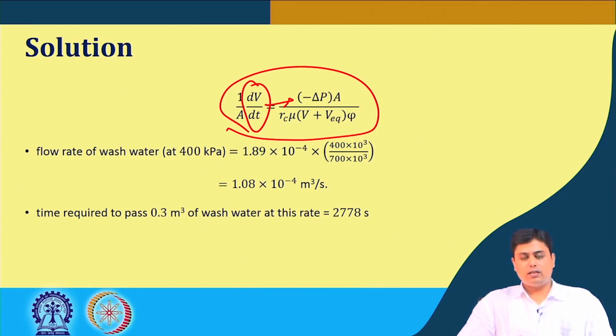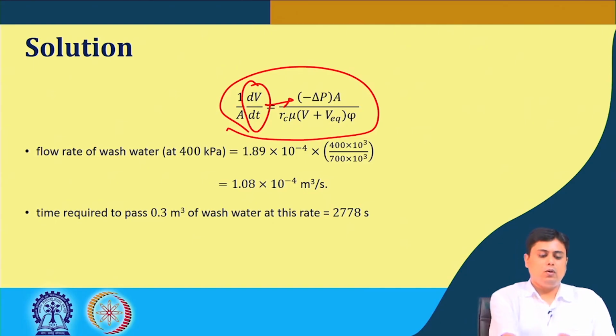So, if we change the pressure drop, it leads to a directly proportionate change in the washing rate or the filtration rate, which is equal here.